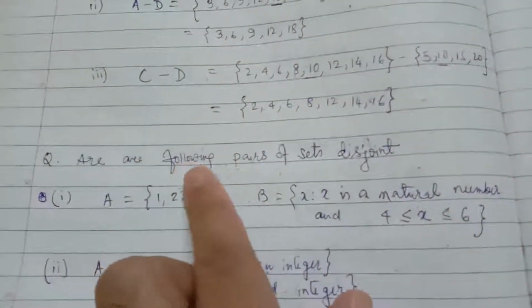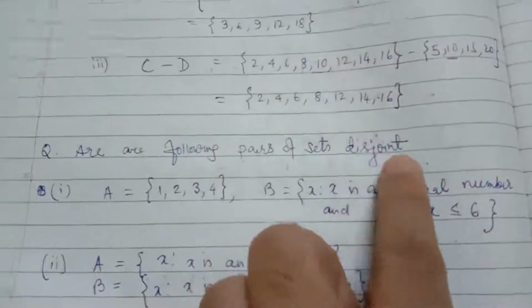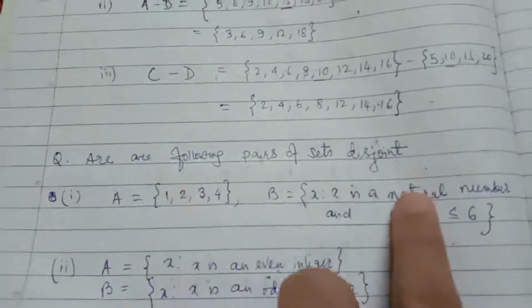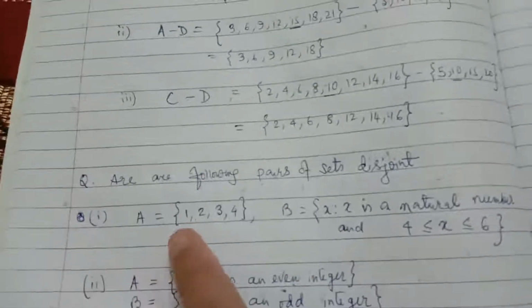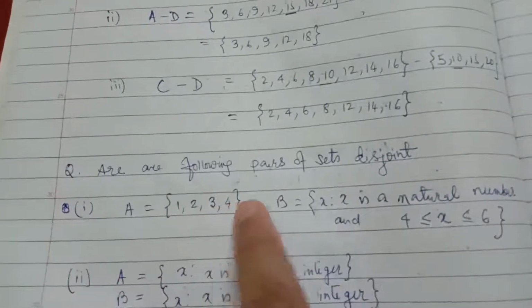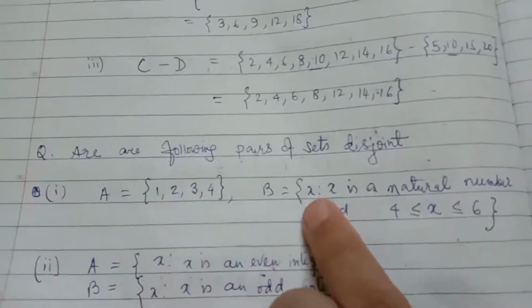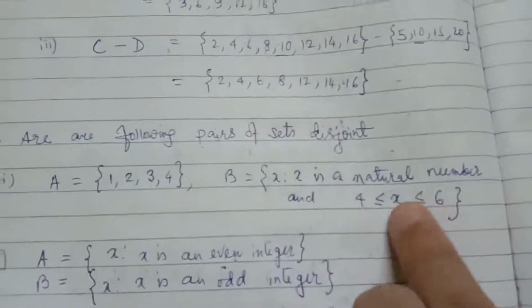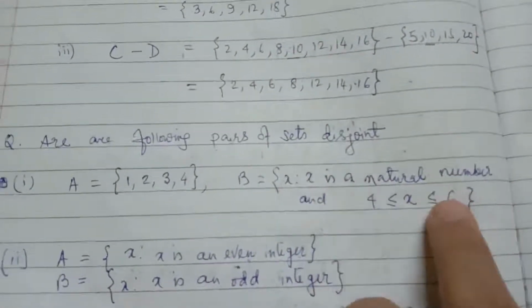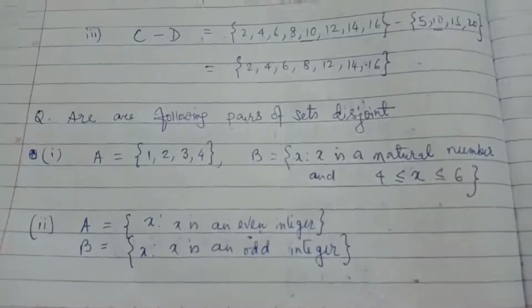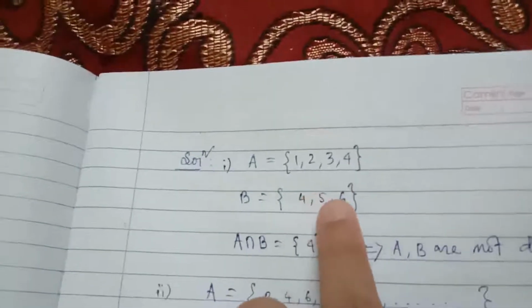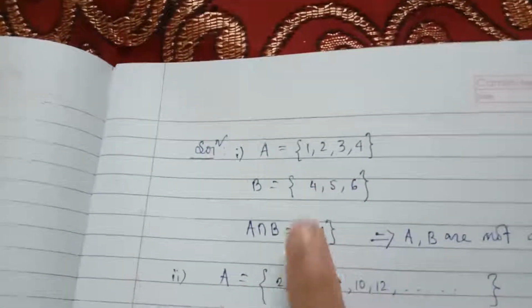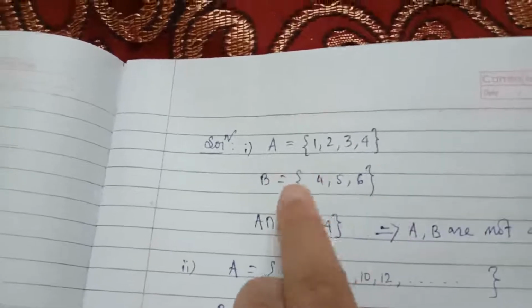Are the following pairs of sets disjoint? Disjoint set means they have no element in common. Two sets A and B will be disjoint if they have nothing in common. A equal to 1, 2, 3, 4 and B equal to X, where X is a natural number and X lies between 4 and 6, both including.